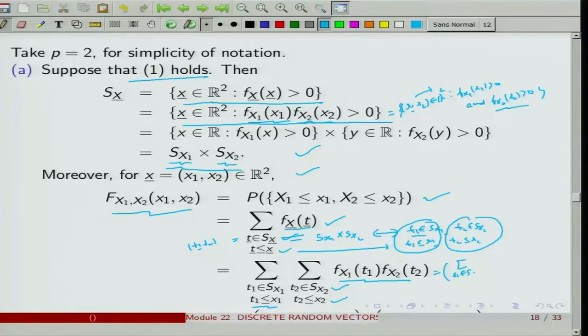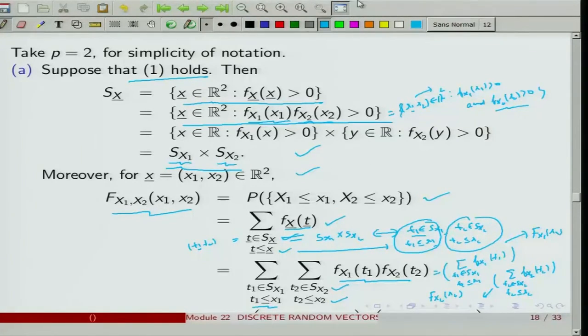So, this is the same as the sum over t1 belonging to S_x1, t1 less than or equal to x1, of f_X1(t1), then the sum over t2 belonging to S_x2, t2 less than or equal to x2, of f_X2(t2). But this quantity is the same as F_X1 at the point x1, and this quantity is the same as F_X2 at the point x2.